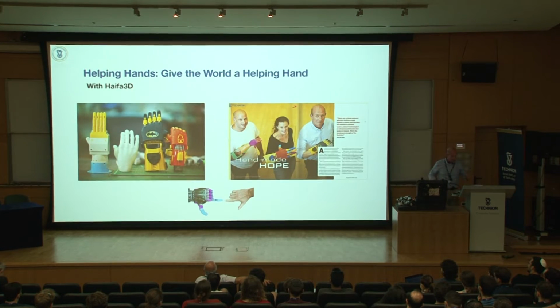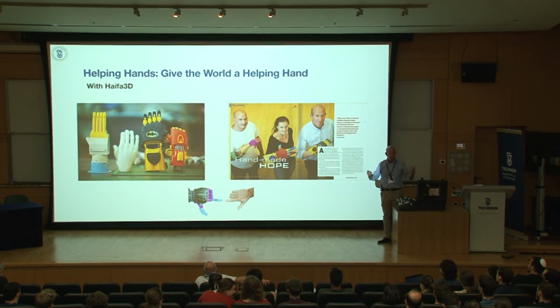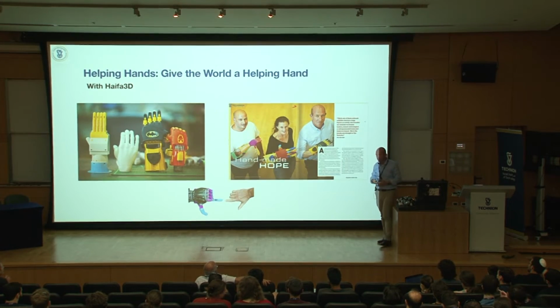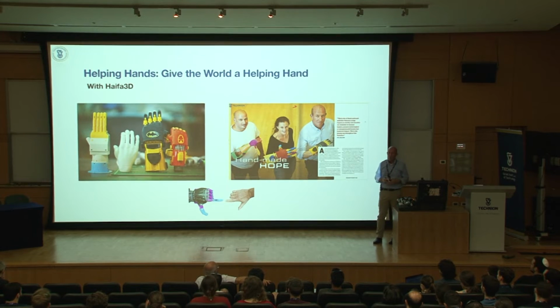But let me go to the last part of my talk, this Helping Hand project. We are designing, building, putting together, and giving away prosthetic hands, 3D printed, to children all over the world for free.